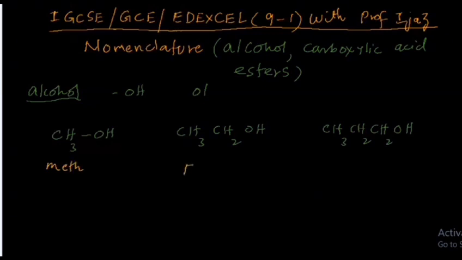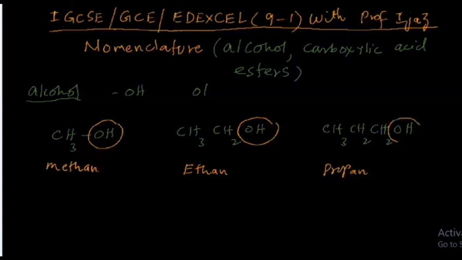For two carbons, you can use eth. For three carbons, you can use prop. Now there is a single covalent bond, and the code for the single covalent bond is an, and meth, eth, prop for 1, 2, 3 carbon atoms. Because the ending code of alcohol is OL, and all these three compounds contain OH as a functional group, it means they are alcohols, so these names can be finished with OL. So this is methanol, this is ethanol, and this is propanol.